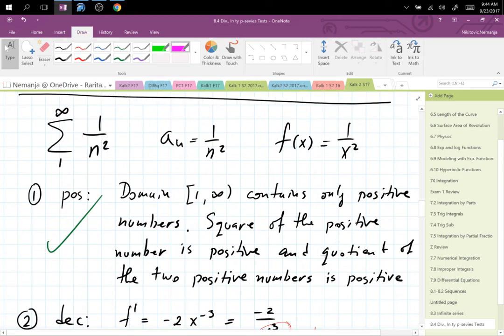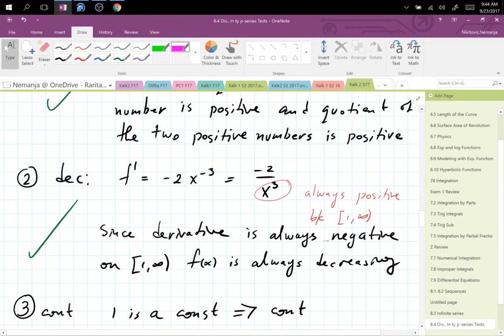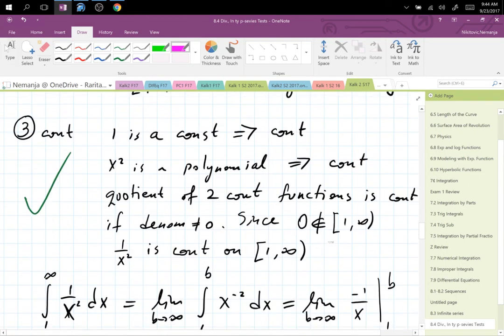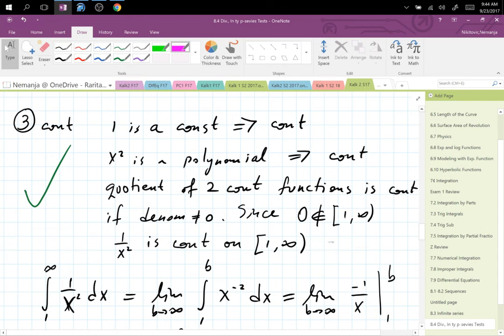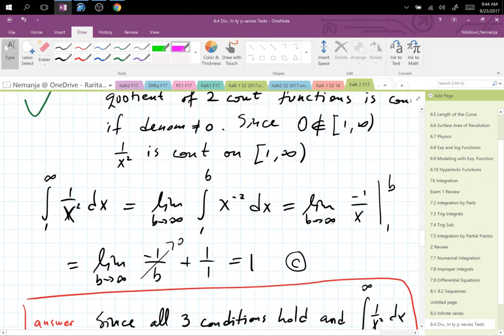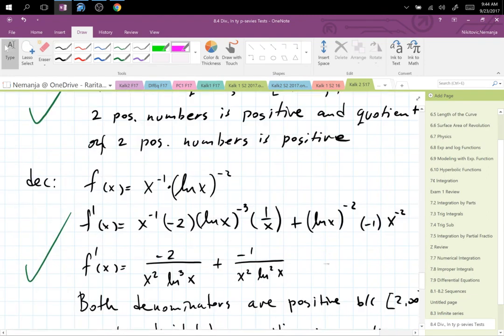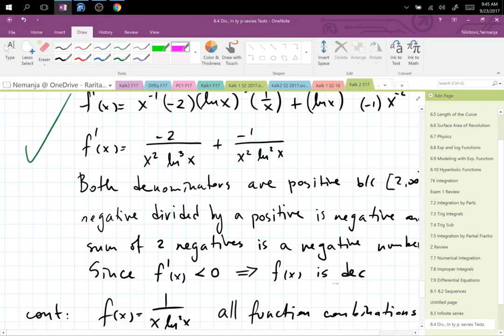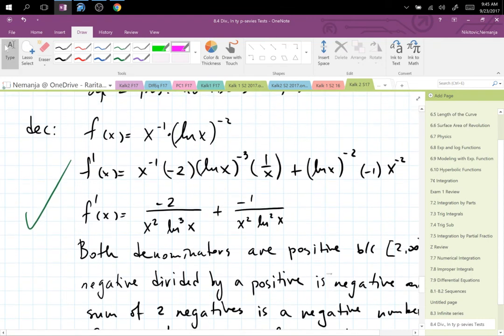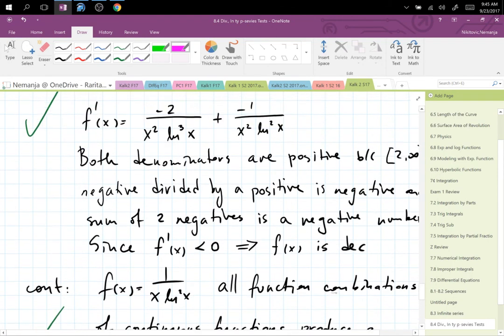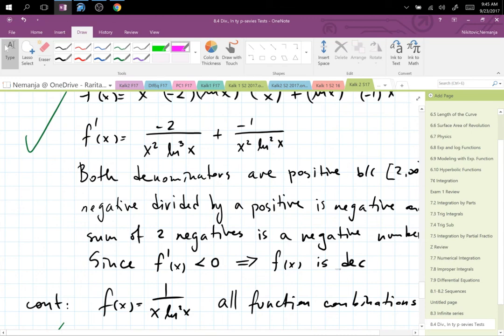1 over n squared. I wrote the formal proof for continuity, but again, 1 over n squared, not a big deal. Let's find, there we go. Look at the function. 1 over x, you see it here? 1 over x times ln squared of x.